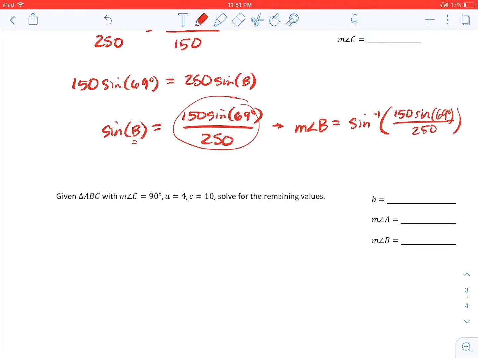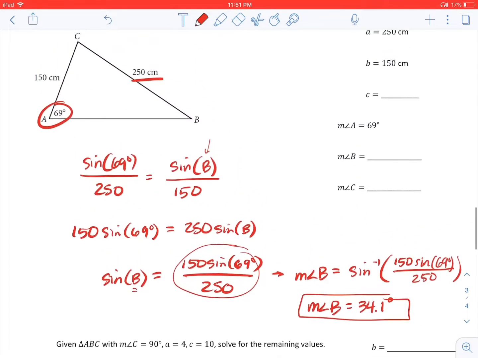And I know that looks funky, but that's the exact thing that you're going to stick into your calculator. You'll first select the inverse sine option. Then on the inside of those parentheses, you enter 150 times sine of 69 divided by 250. And from there, I get that the measure of angle B is approximately 34.1 degrees.